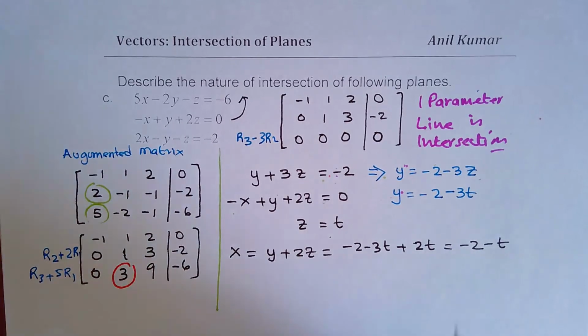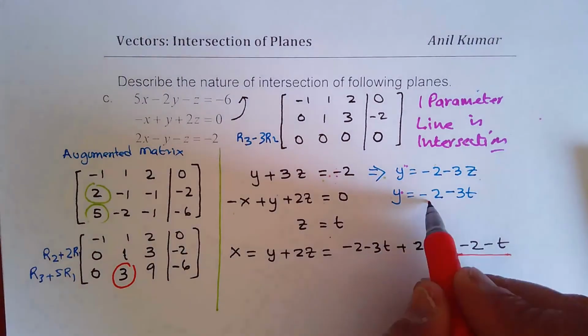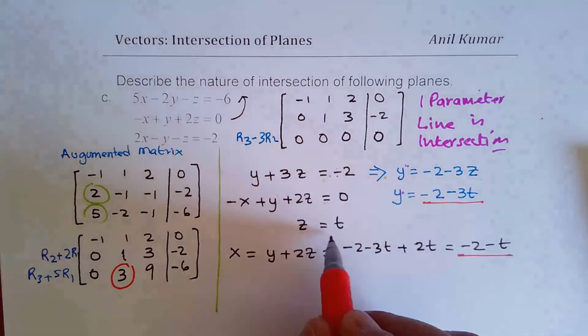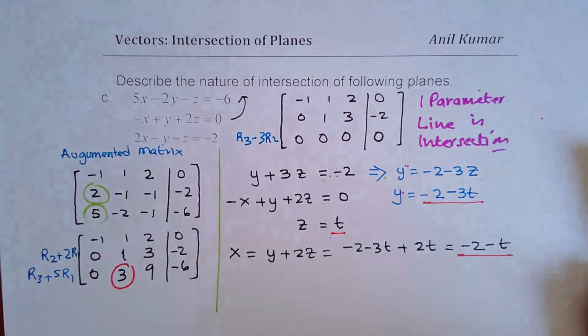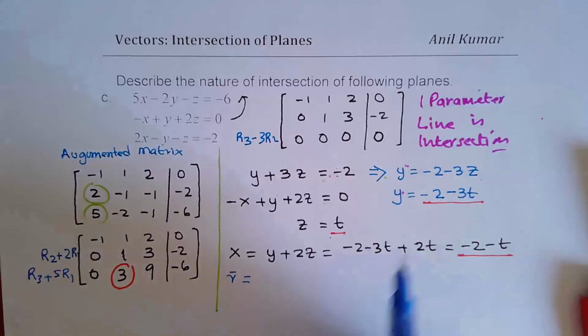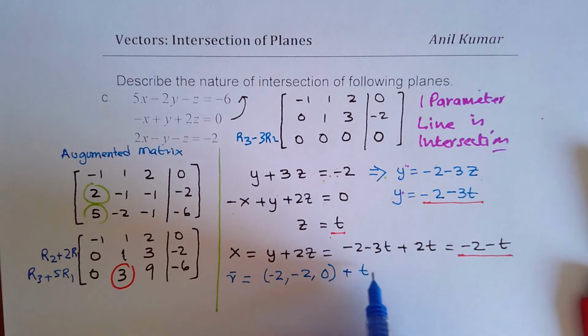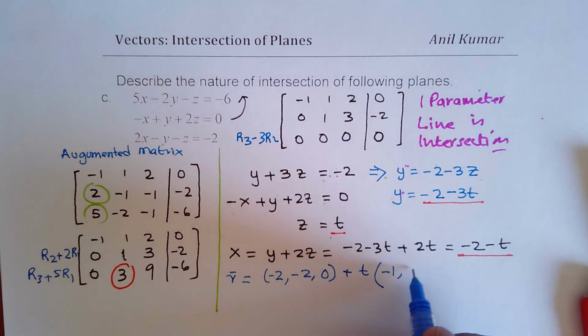So that gives you x as minus 2 minus t, y as minus 2 minus 3t, and z as t. So we get the equation of the line of intersection as, the point here is minus 2, y coordinate also minus 2, and z coordinate is 0, plus t times minus 1, minus 3, and 1, right?